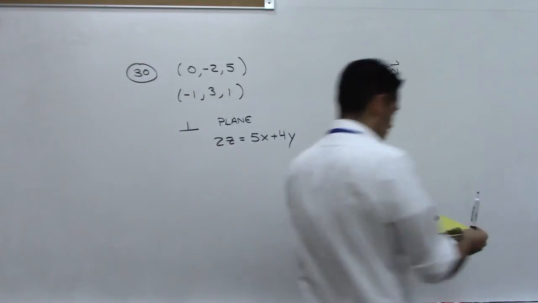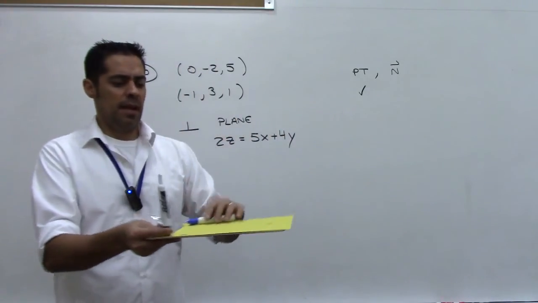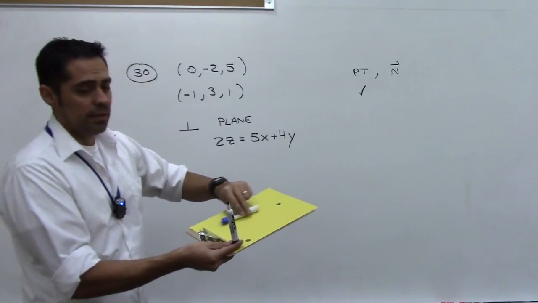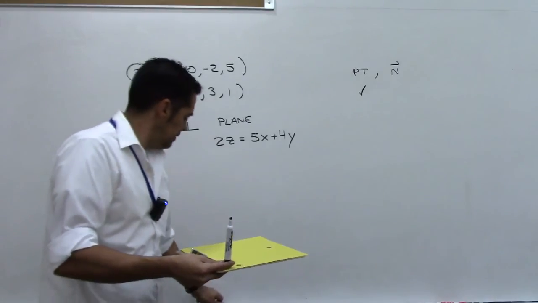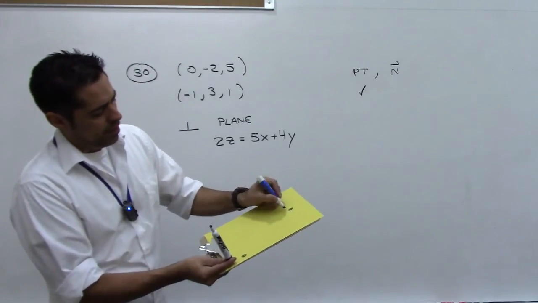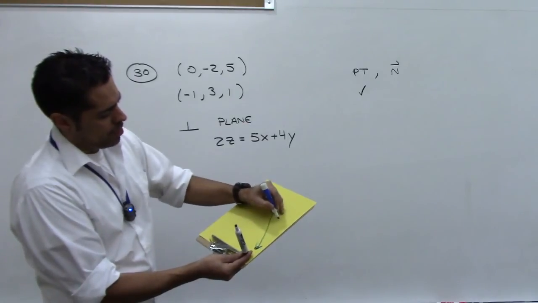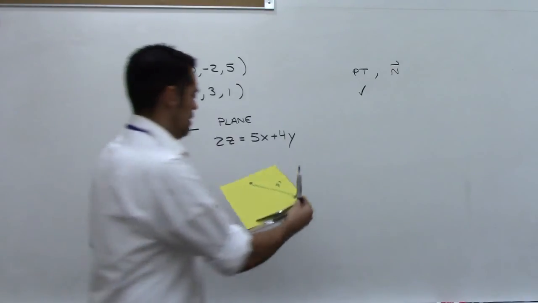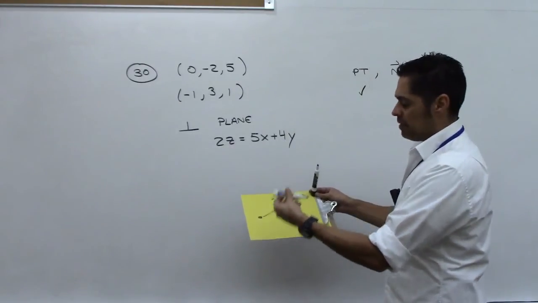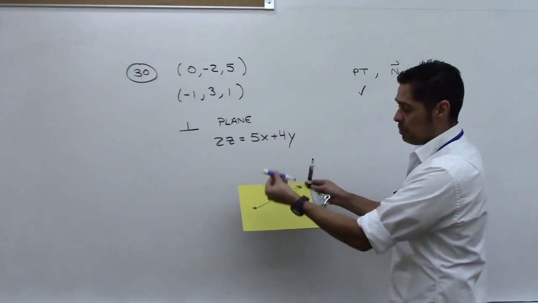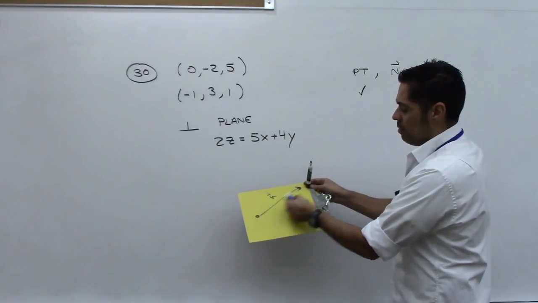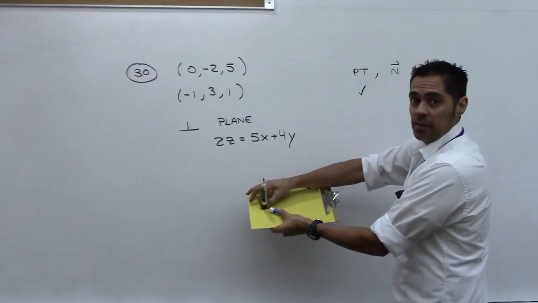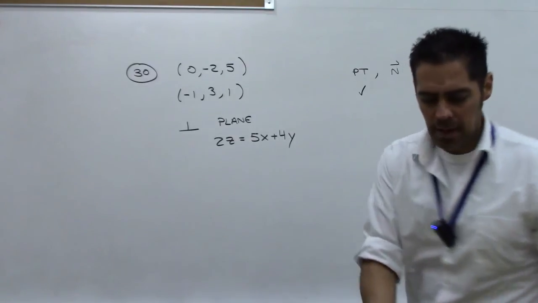I can connect these 2 points together and create a vector which I'll call u. And remember, I've got the normal vector from the perpendicular plane coming down here. If I take those 2 vectors and I cross them, I will create this vector. I hope that makes sense.